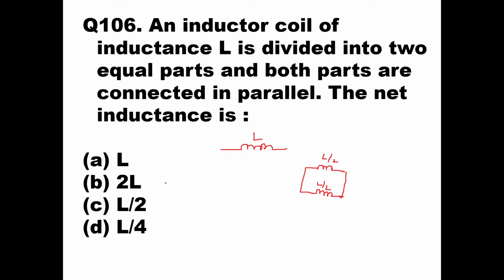Now he is asking what is the net inductance. So the net inductance, that is the equivalent inductance in this case, the parallel combination of inductances will give you the formula L by 2 into L by 2 upon L by 2 plus L by 2. Okay, so this is L square by 4 upon 2L by 2.